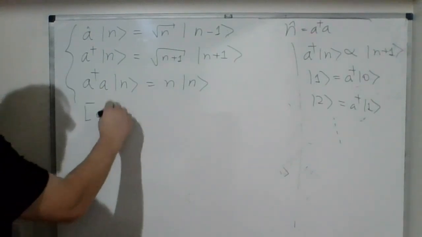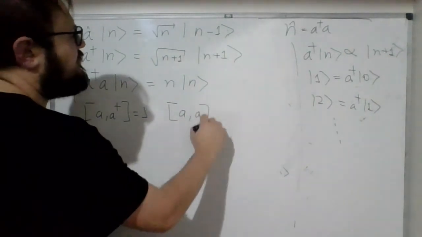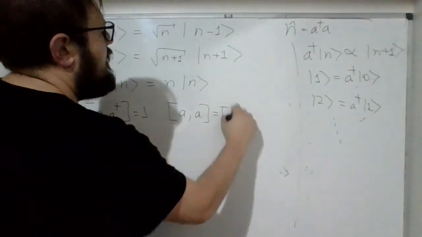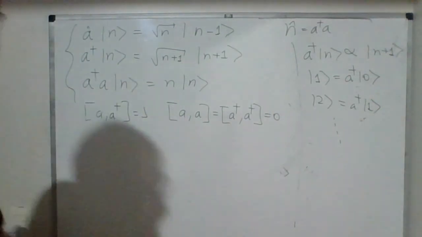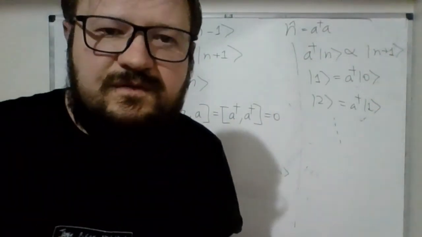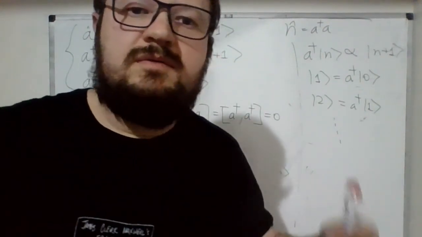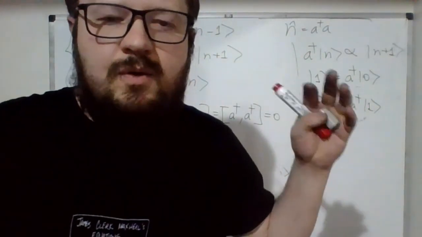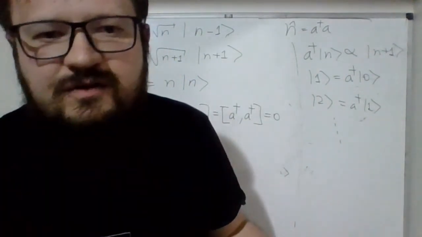Of course, the commutation relations are already known. And this is the basis for using the number operator when quantizing fields, when working with collective oscillations.